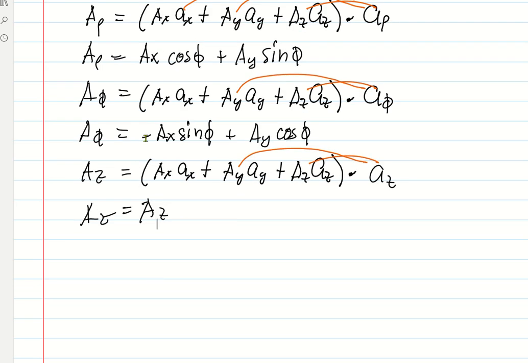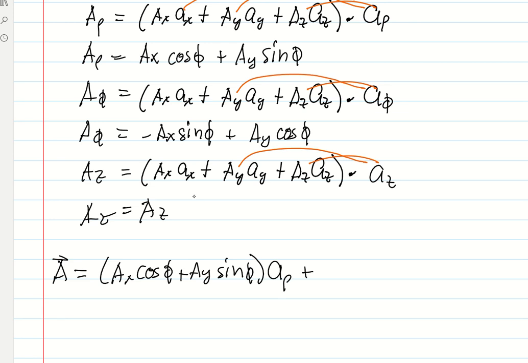Then collecting all the values now, the vector in cylindrical form can be written just like this one: AX cosine phi plus AY sine phi. This is our A raw in the raw direction. Then for the phi direction, the component is AY cosine phi minus AX sine phi.